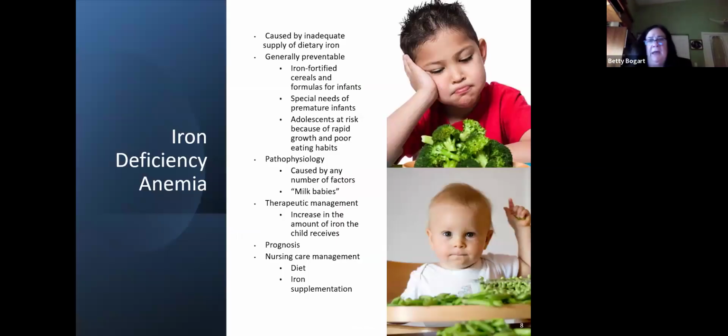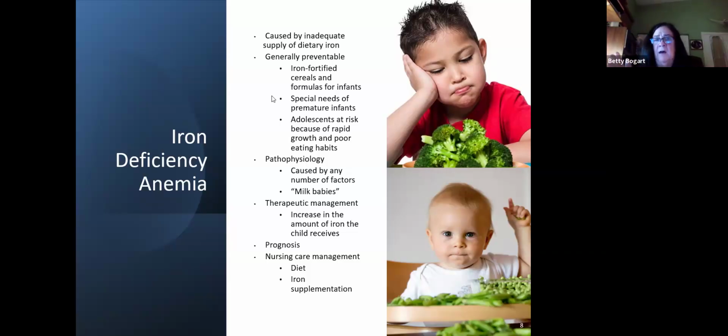So iron deficient anemia, most common. Mentioned it a couple times already. So what happens? Well, the child or adult is not eating enough iron in the nutrition that they are eating. Now, usually young children don't get iron deficient anemia, especially the infants. And why? Well, we know initially it's breast milk or iron fortified formula that prevents anemia.